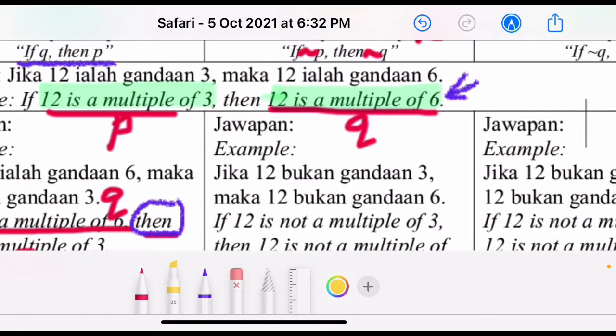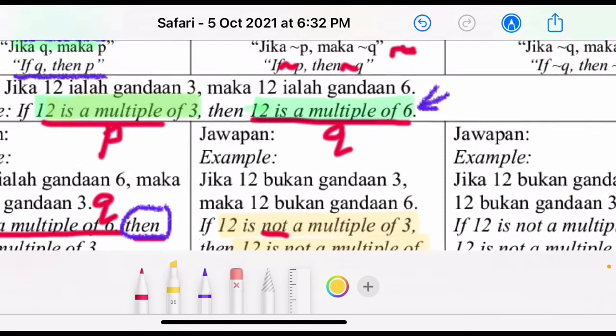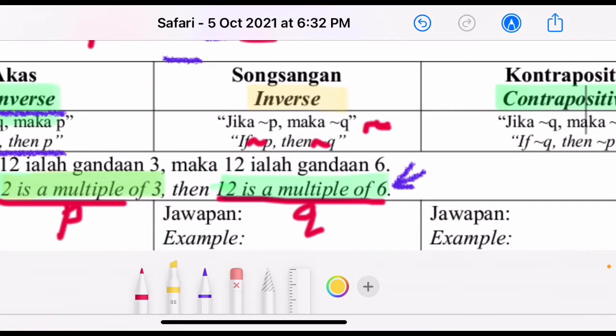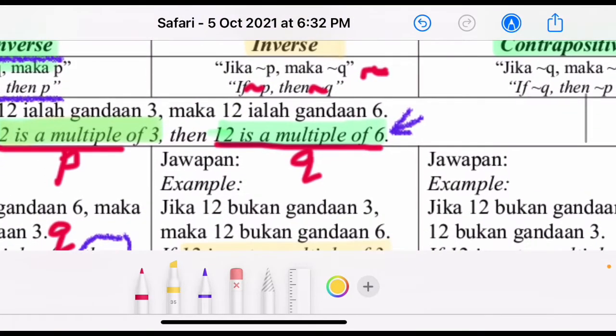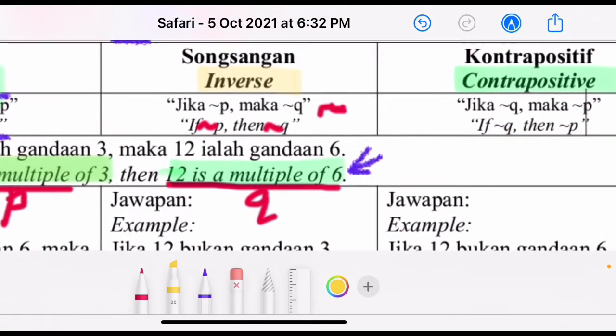So if 12 is a multiple of 3, we add the word not: if 12 is not a multiple of 3, then 12 is not a multiple of 6. This is called inverse. We negate the P and negate the Q, but we don't change the position for inverse.